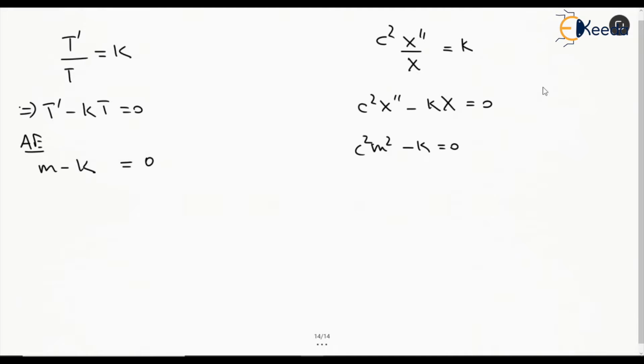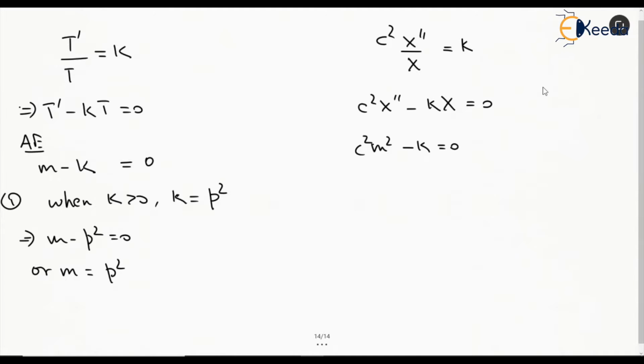So let's say the first case is when k is positive, that is, let's say k = p². So this makes the first one m - p² = 0, or m = p². So it has only one root.